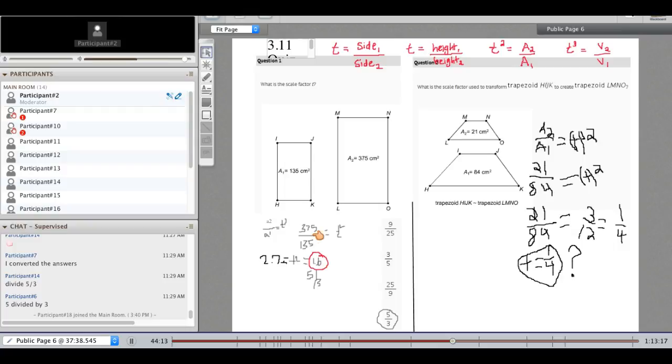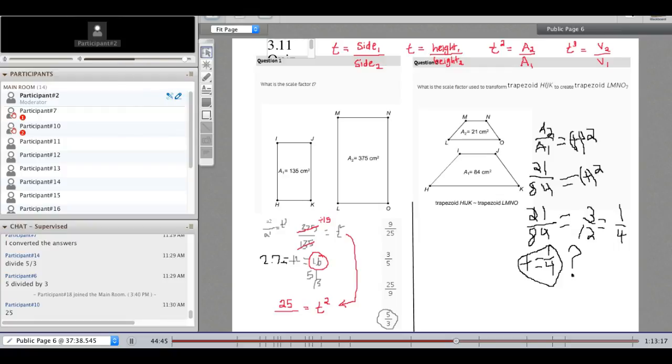Now you can certainly keep this in fraction form as well. And 15 would go into each of these. So you could say, 375 divided by 15. So this is an alternate. If you want to keep it in fraction form, you'd say t squared is equal to 25, because 375 divided by 15 is 25.